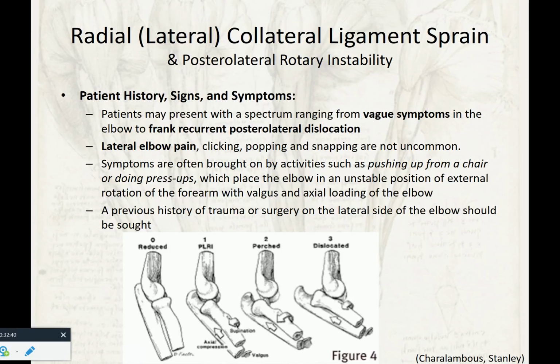You can see the arrows pointing at the bottom there, which then forces the radial head to get pushed off of the capitulum. And then in number 2, you can see that now the ulna has become perched or subluxed. It's not fully dislocated, but the radial head is. And then, of course, picture 3 is the worst, where the radius and the ulna are dislocated. That's bad news.